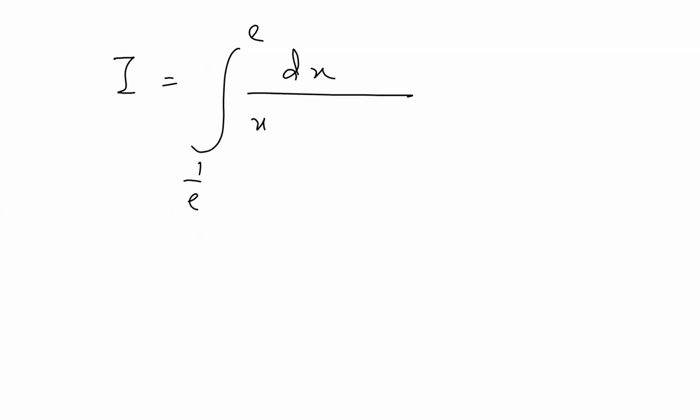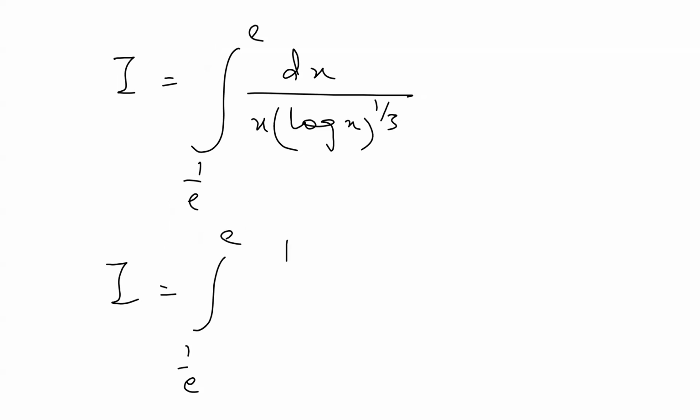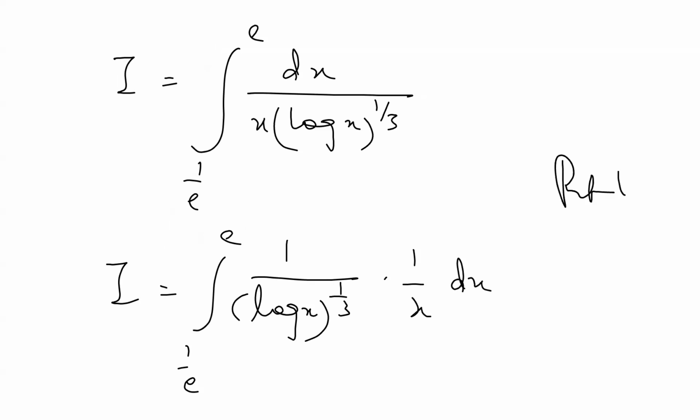Next hint, integral 1 upon e to e of dx over x (log x) raised to 1 by 3. Write in this format. Now put log x is equal to t.